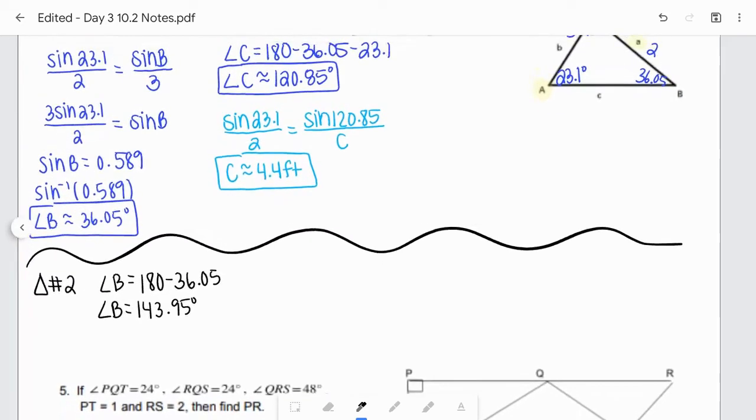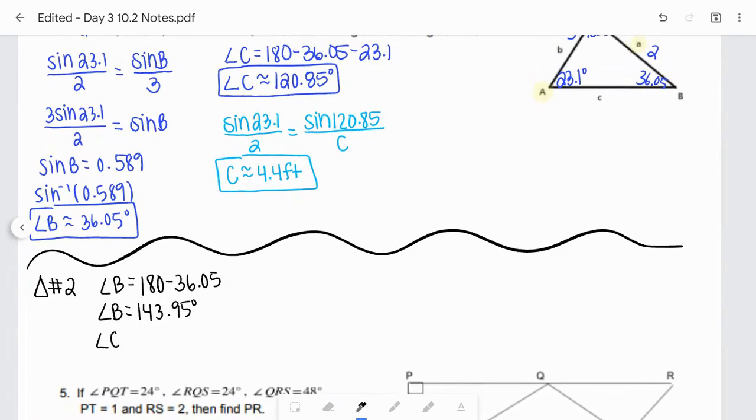Okay, so then to find angle C, I would take 180, subtract out angle B, and subtract out the given of angle A. And so this time, angle C is equal to 12.95 degrees.